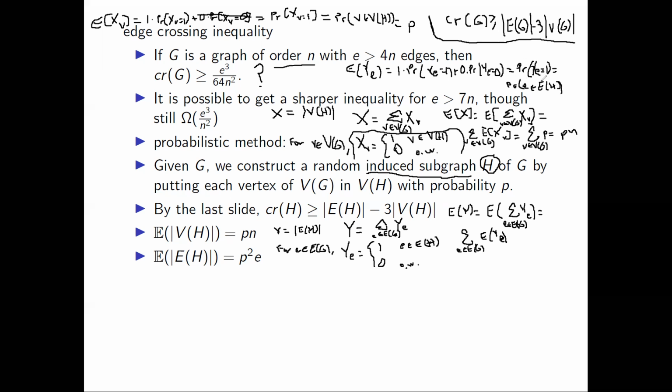So the probability that they were both included is just p times p, and that's the same as the probability that the edge was included. And that is going to be p squared. So for every single edge that's in the edge set of G, the probability that that edge is included in the edge set of H is just p squared.